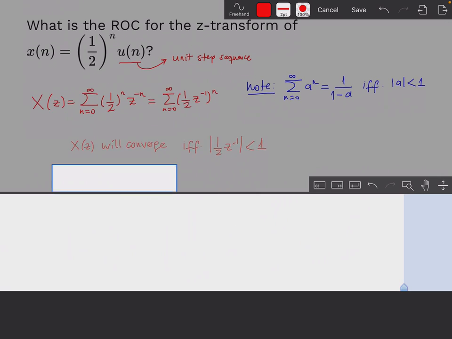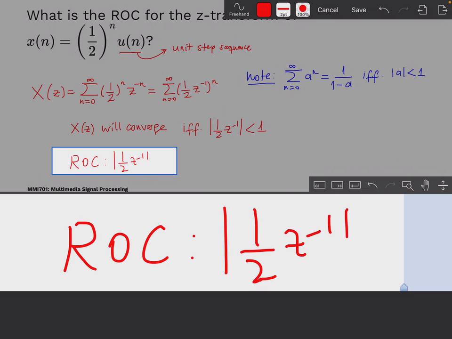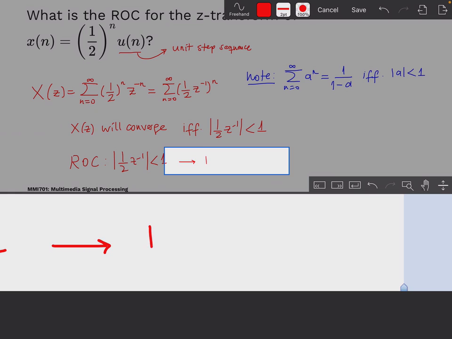Equivalently, the region of convergence of this z transform series is the absolute value of z greater than 1/2.